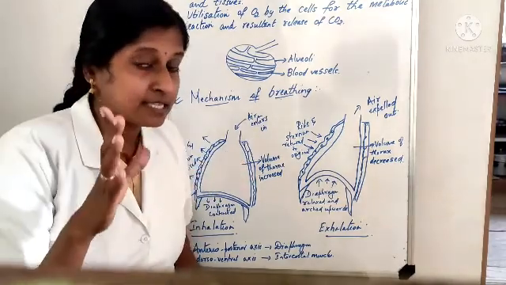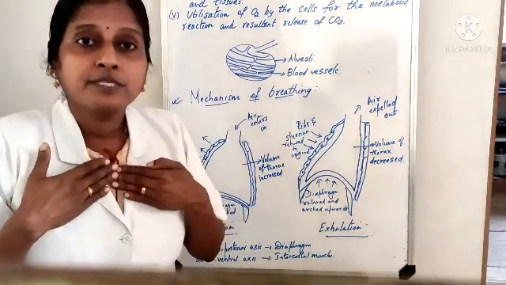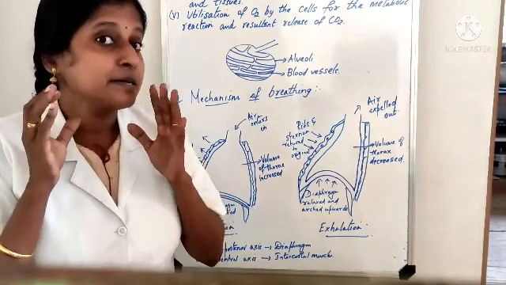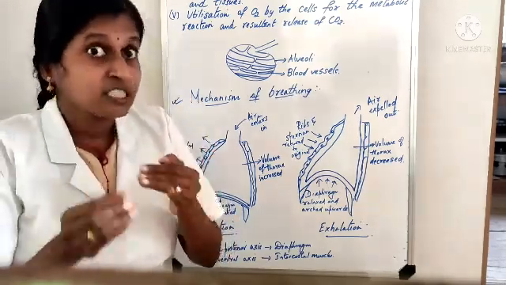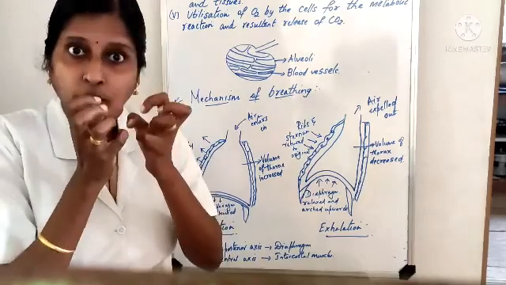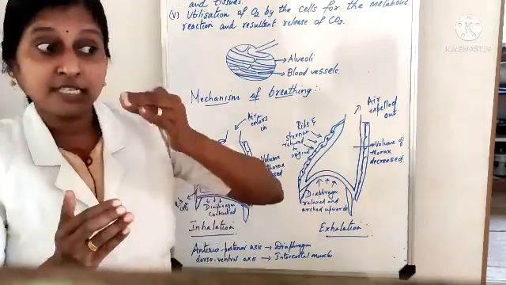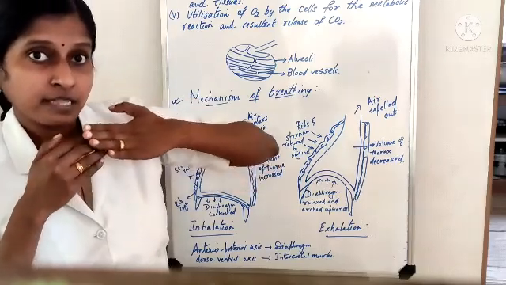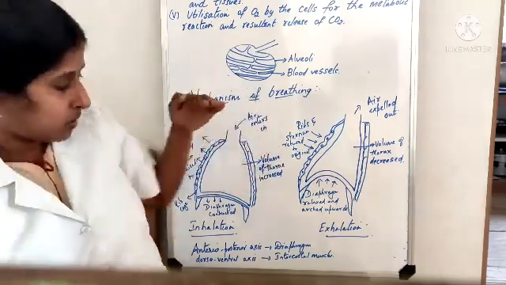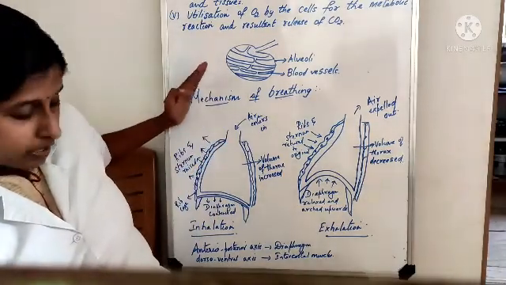I repeat once again, listen carefully. Between the ribs and the lungs there is a muscle called the intercostal muscles. During inhalation, the intercostal muscle is contracting, which brings the sternum, the bone here, as well as the ribs, upward and outward. They are moving up and out. Okay.